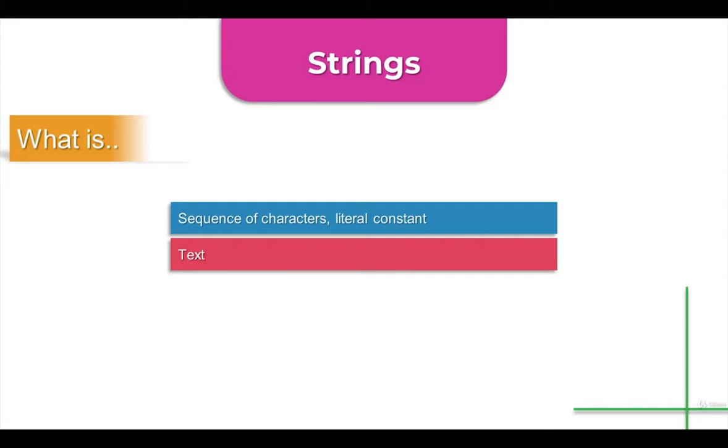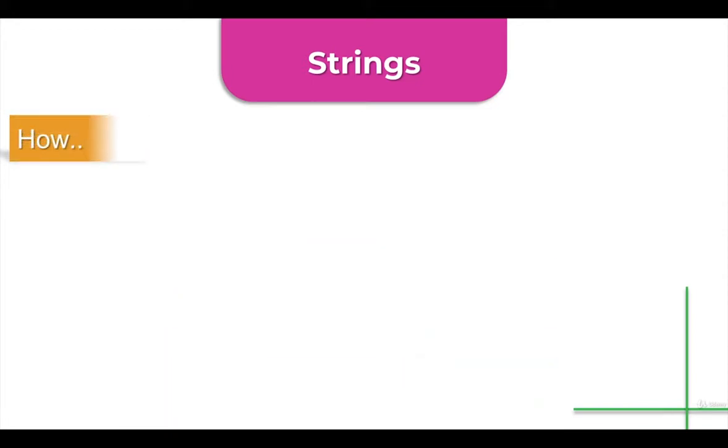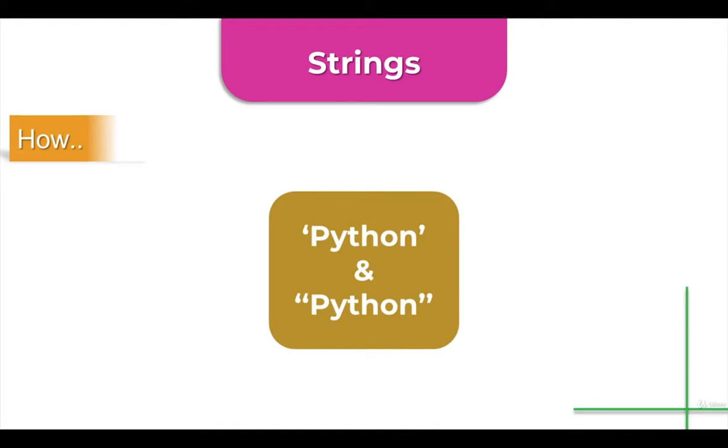So how do we define a string in Python? Well, it just so happens that creating strings is as simple as assigning a value to a variable. String literals in Python are surrounded by either single quotation marks or double quotation marks.